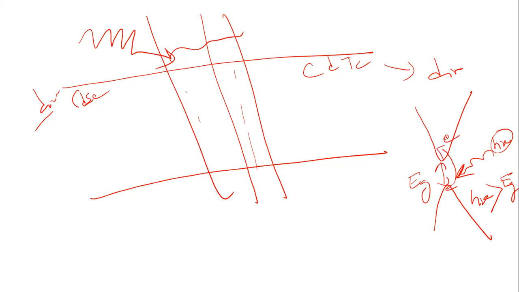So when h nu is greater than the direct band gap, it will result in electron hole pair formation. Electron hole pair formation will occur in the depletion region when you shine light on it. Okay.